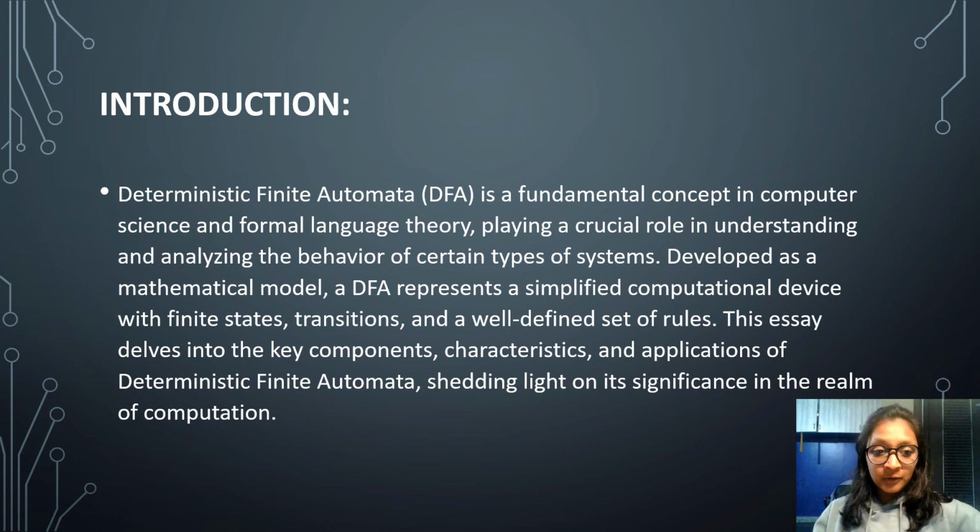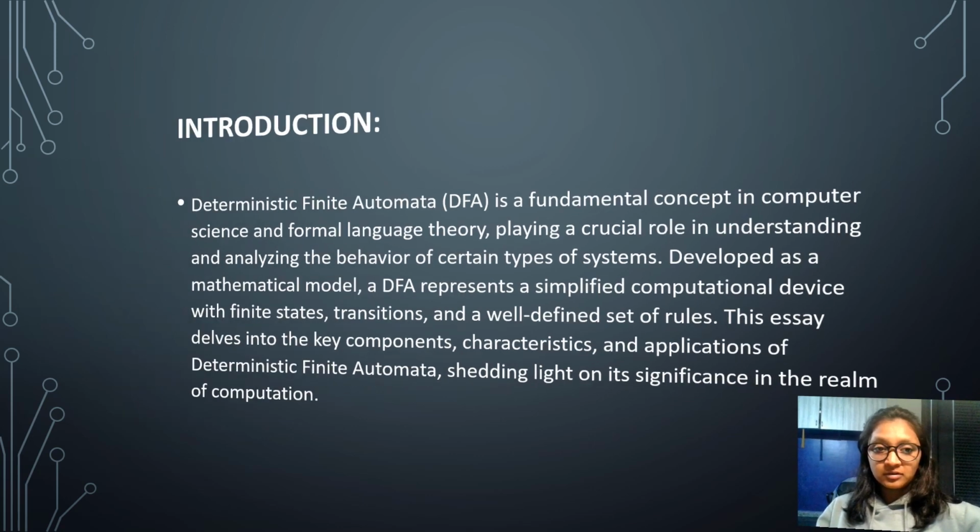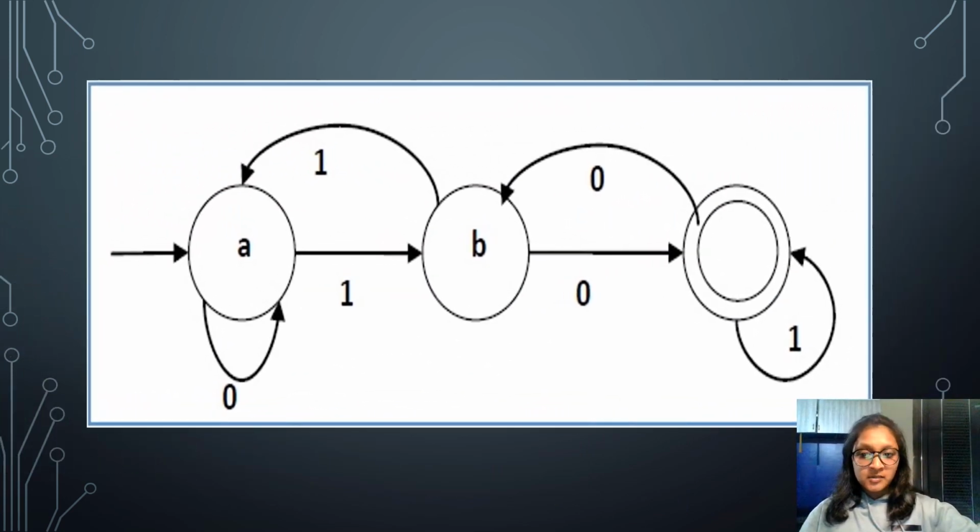This essay delves into the key components, characteristics, and applications of deterministic finite automata, shedding light on its significance in the realm of computation. The picture shown here is an example of a DFA, that is, deterministic finite automata.